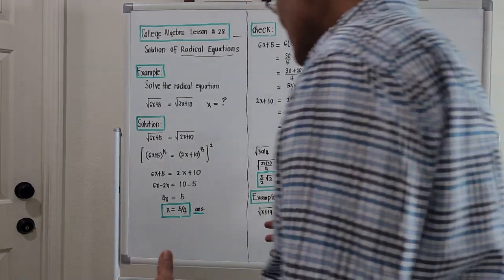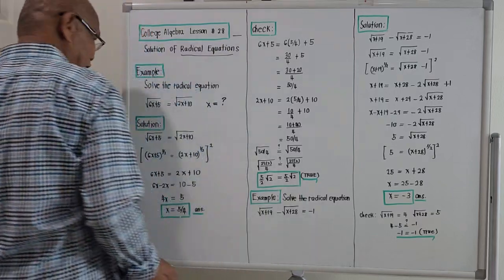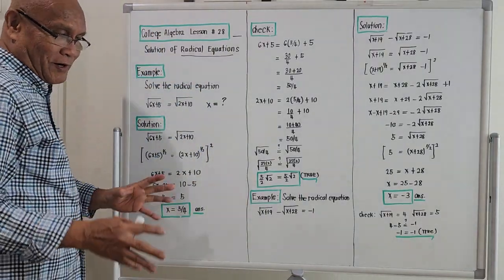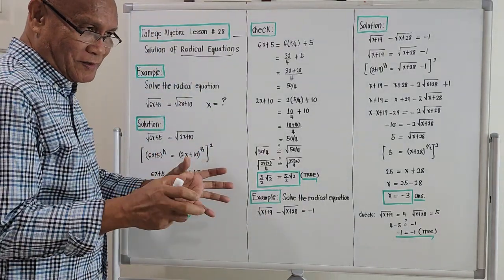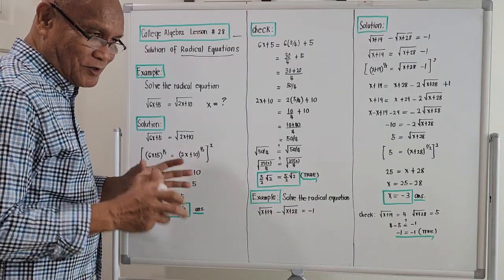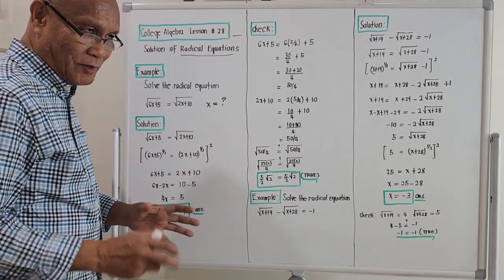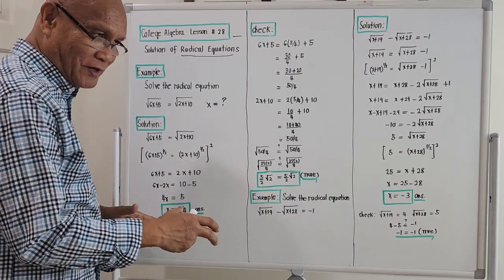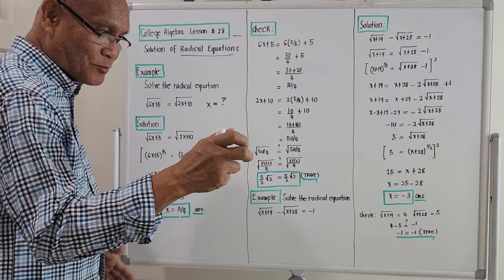It seems we are now on the discussion of linear equations. This is also linear, but since there is a radical sign, it is considered a radical equation, in which we are just lucky the terms inside are linear. Let's proceed with the solution.